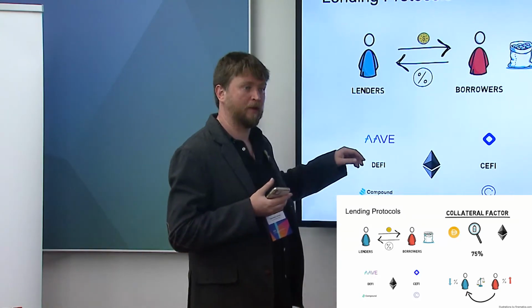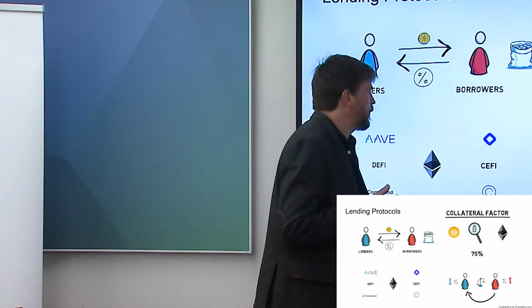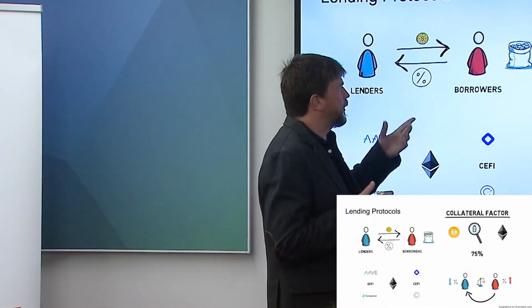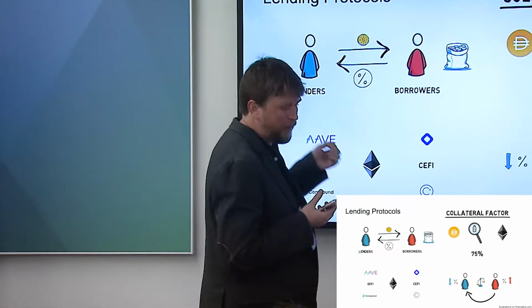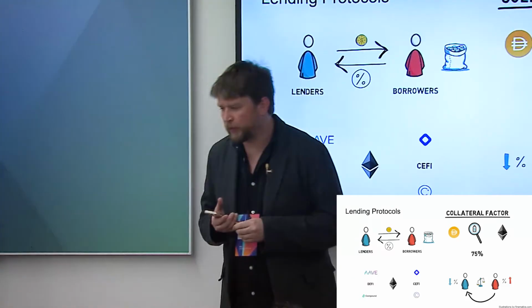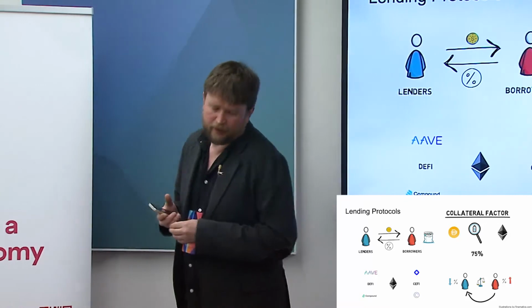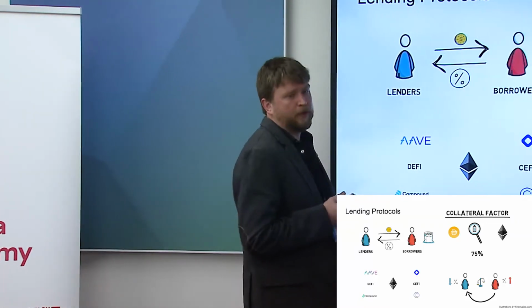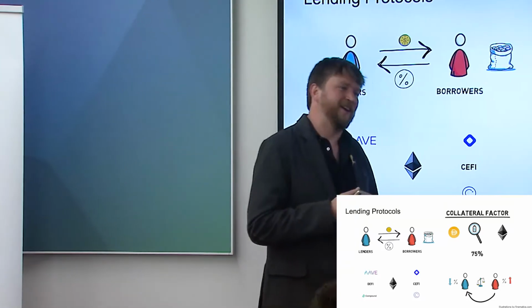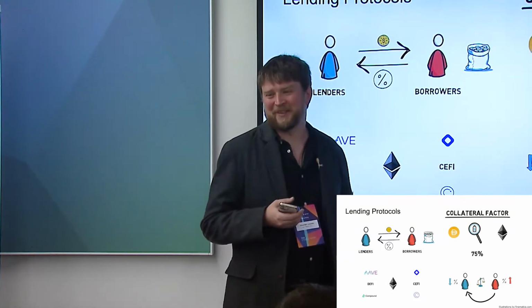Any questions? Okay, cool. So now let's talk a bit about how those protocols actually work. The majority of DeFi lending protocols on the market right now utilize something called over-collateralization. That's never easy for me to pronounce.